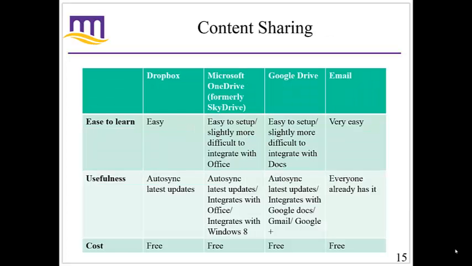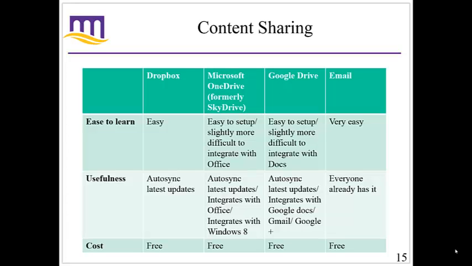Let's look at content sharing tools. Now, there's a lot of different options out here. I'm looking at 4, and please feel free to go beyond this if you have other things that work well, by all means. You can use Dropbox. That's a tool that I use actually quite a bit with my collaboration. You can use Microsoft OneDrive, which might actually be pretty good considering some of the options it has with integrating with Microsoft Office.